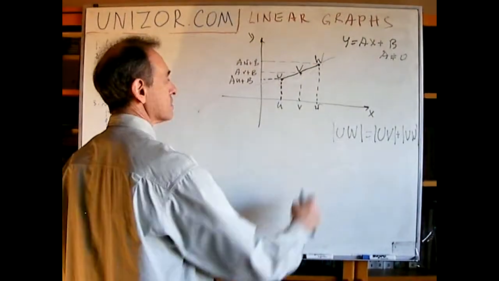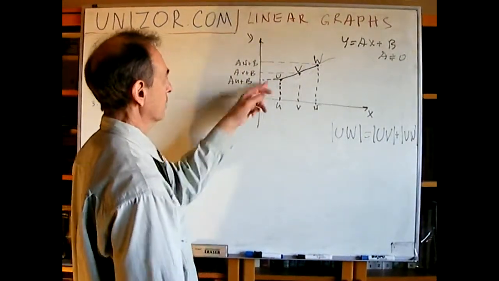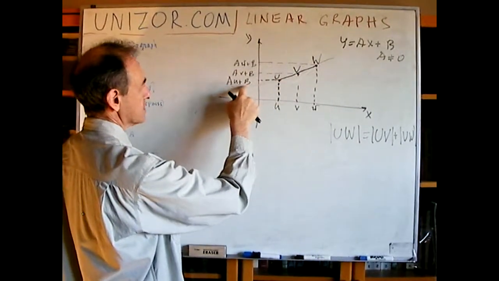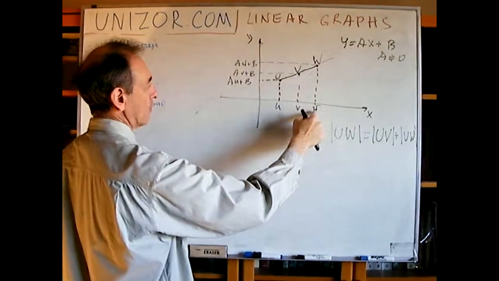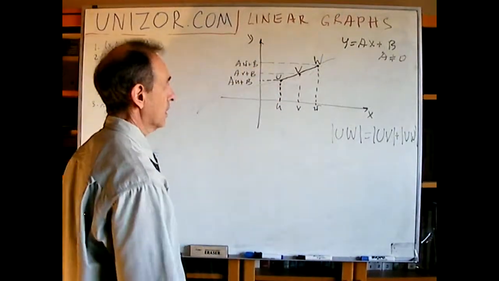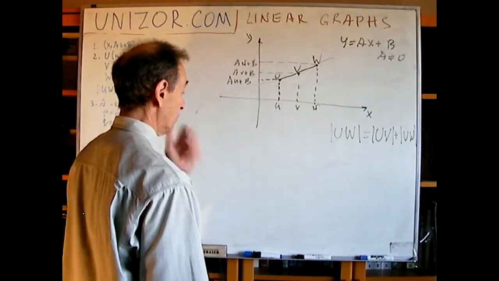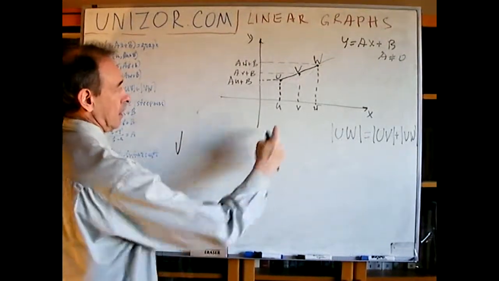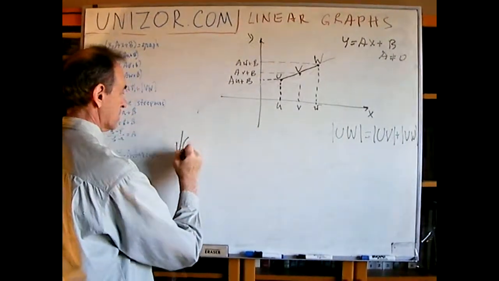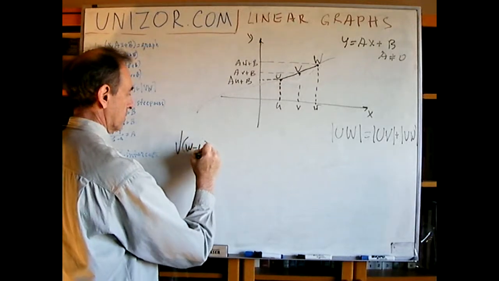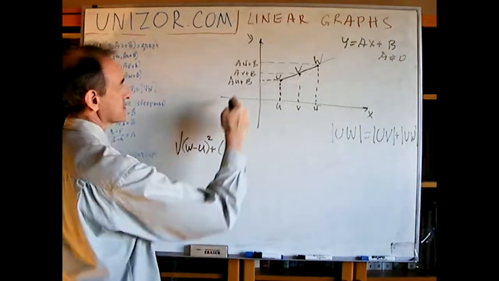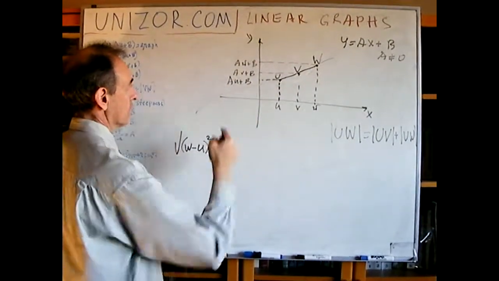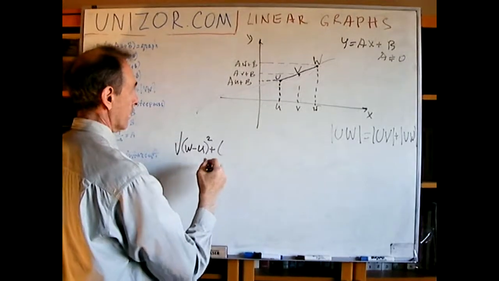So let's calculate what's UW, the distance from U to W. Coordinates of U are lowercase u and au plus b. Coordinates of W are lowercase w, aw plus b. So the distance between them would be the square root of the square of the distance between w and u, plus the square of the distance between the 2 values of y.